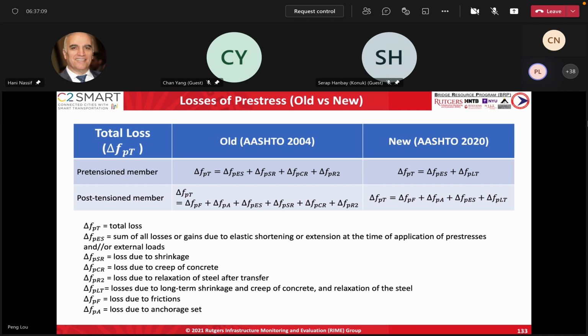So the designer can choose, depending on their need. If it's in a preliminary design, they could just use this estimated losses. When you go to the later stage, you can refine those losses, especially when you have those preliminary design parameters, so you can use those parameters to refine those losses.